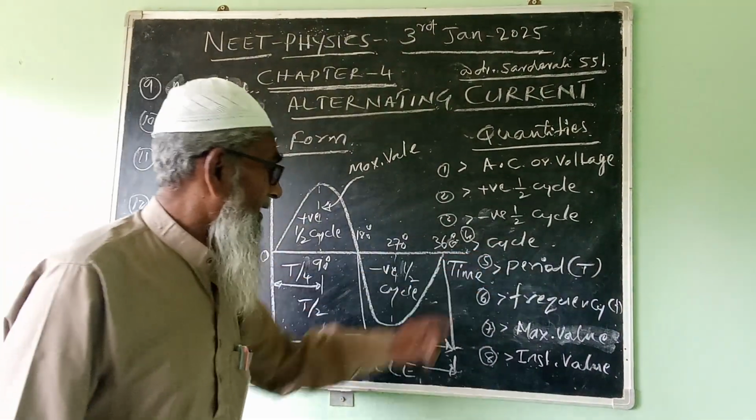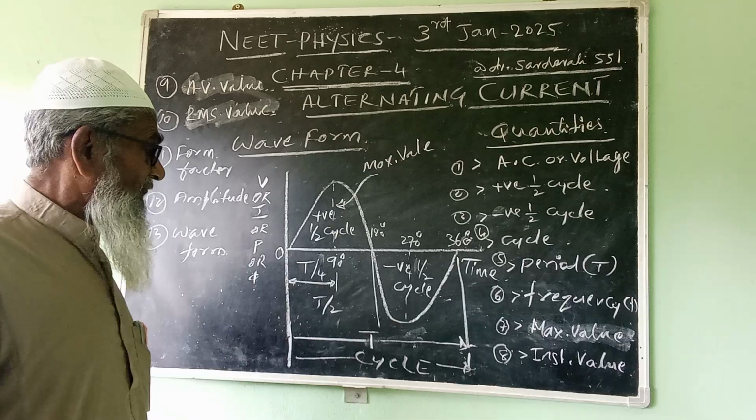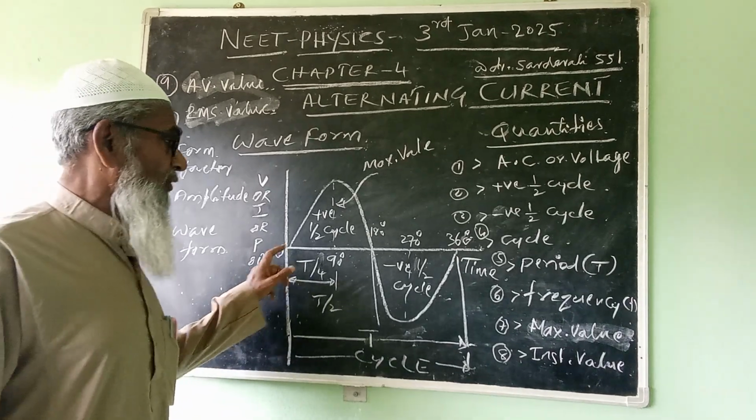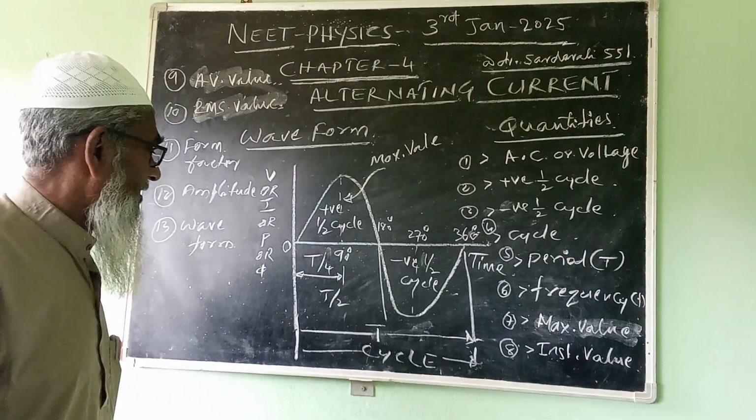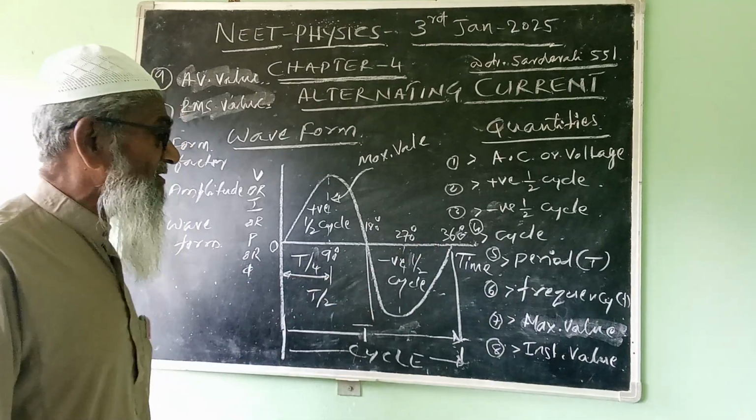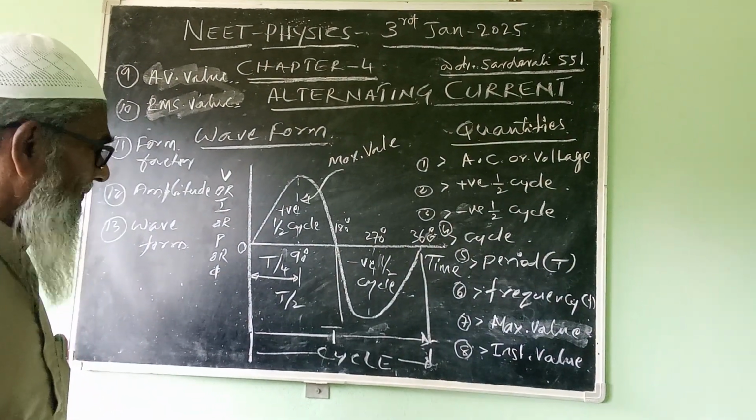Now coming to cycle, one set of variation between 0 to 360 degrees or between 0 to 2 pi radians will be called a cycle.